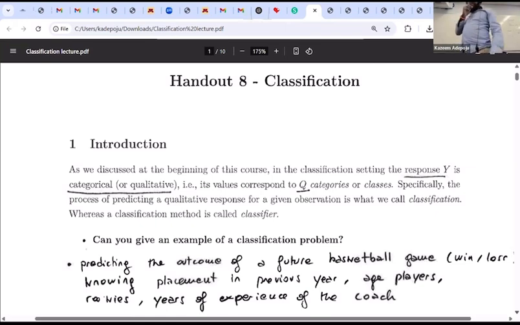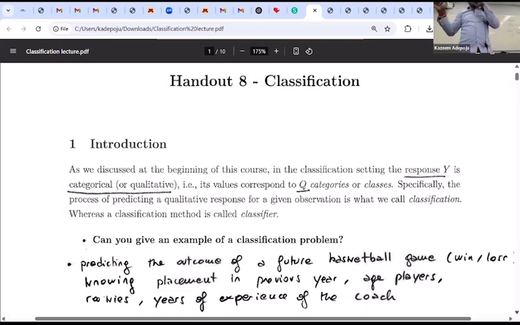At times, we may want to classify the response variable into two or more classes. And how do we do that? I said two categories or more. This is more or less like predicting our response variable.